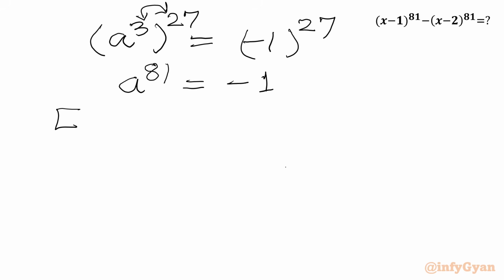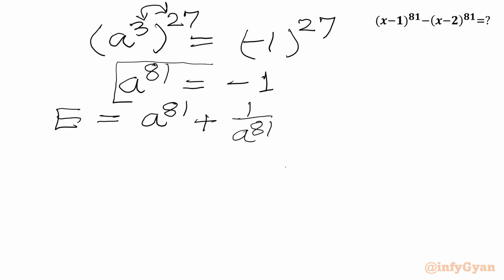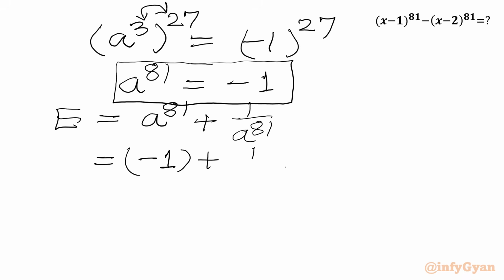Our target expression or required expression is a power 81 plus 1 over a power 81. Now we have a power 81 equal to negative 1. Let's plug in over here. So we will get minus 1 plus 1 over minus 1, which is minus 1 minus 1, equal to minus 2.